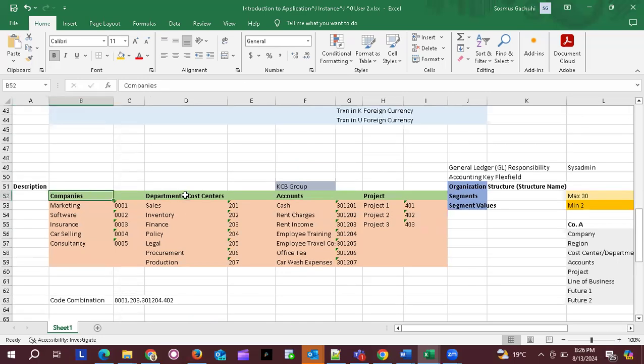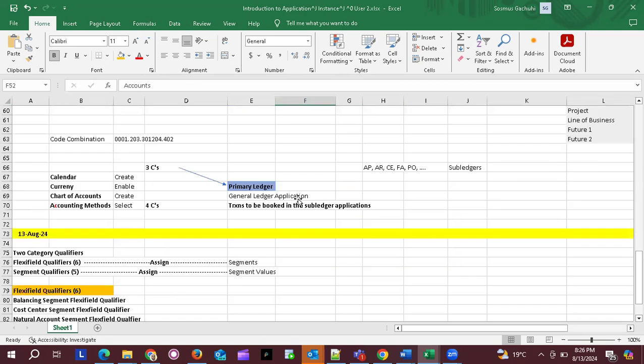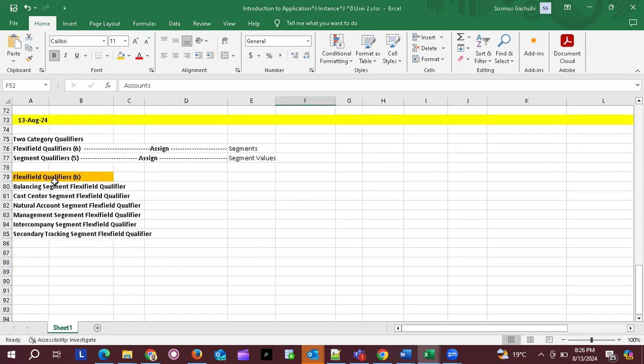And for instance, it can be able to behave like a cost center and an account and the rest. So minimally, you may find we may be working with the first three, that is balancing segment Flexfield qualifier, cost centers, and natural account for our learning and for our purpose of practicing.